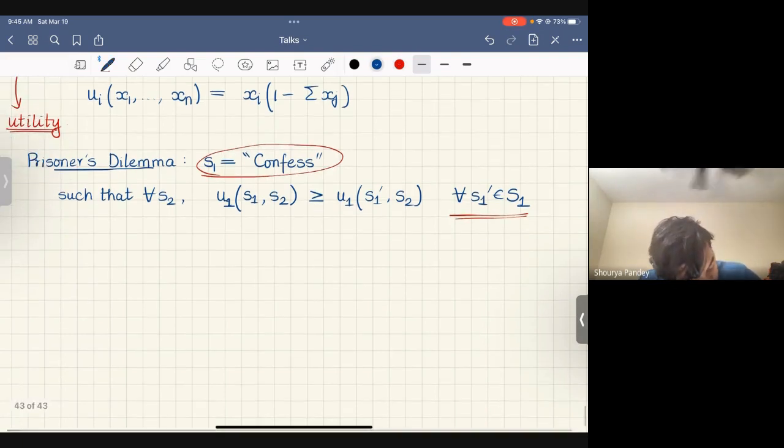So it's what is called a dominant strategy.